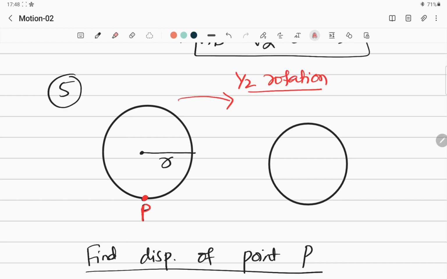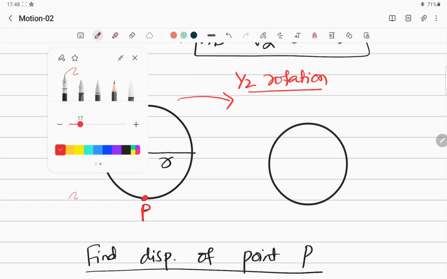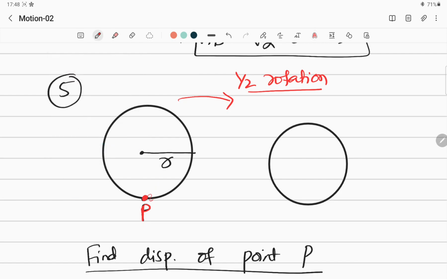Now where will it reach, just check that. Half rotation means the point will come above, somewhere here. If it did a full rotation, point P would have come back to the same point here. But with half rotation, it goes exactly opposite, here.